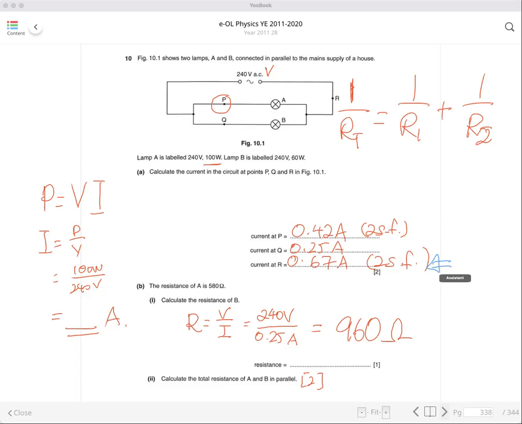Then you use R is equal to V over I. Your V is 240, your I is this answer. And then you find the final answer. You can do that as well, but I don't recommend. Why? Because this answer is not accurate, unless you use the accurate answer in your calculator to calculate, then put your final answer to 2 SF. Okay, so Pei Kwan, what's your answer for part 2?